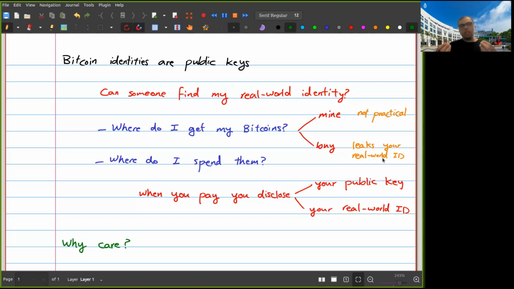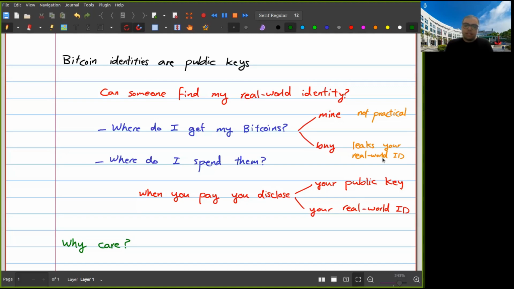Now, many people think that I can just create another public key and then use that one. But if I create a new second public key, the money is in the first key. It's not in the second key. I have to transfer the money from my first account to my second account. And now all the transactions on the blockchain are public. Everyone can see not only all the transactions, but also the history of all the transactions.